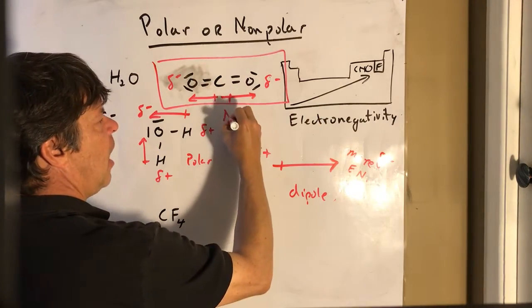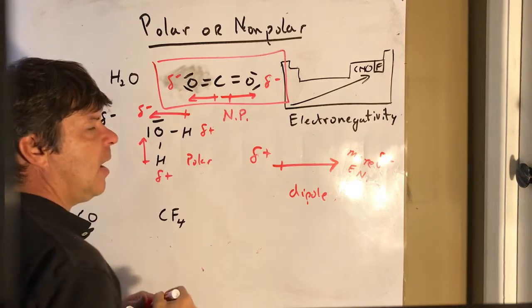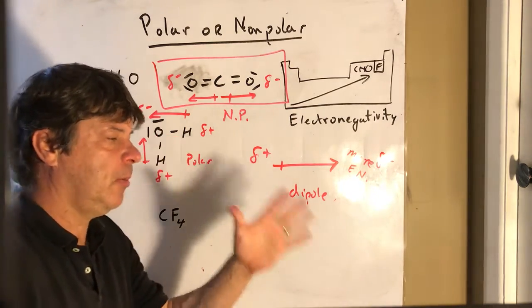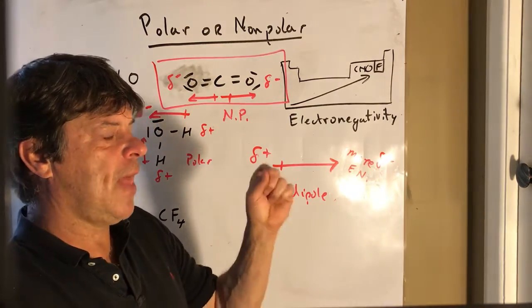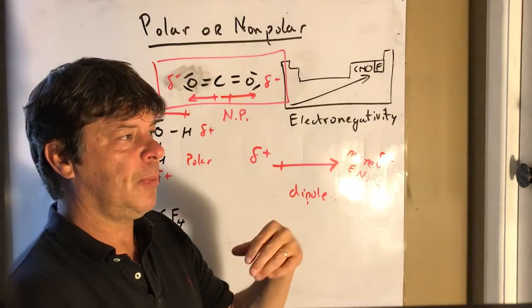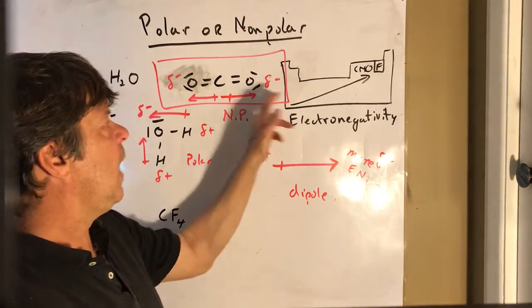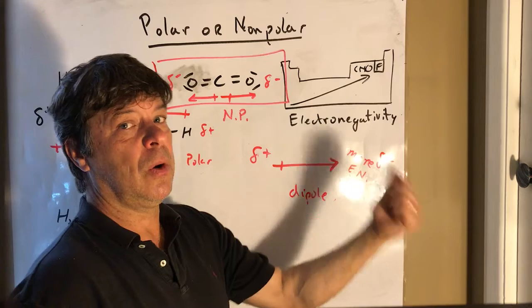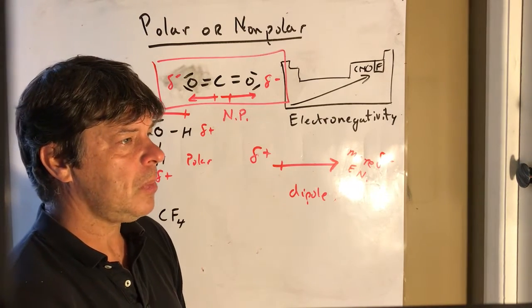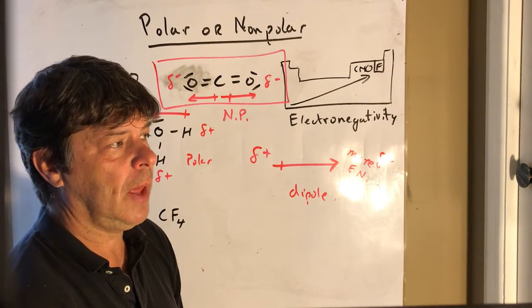is it's nonpolar because, and this is important, it doesn't have something on the outside that's positive and something on the outside that's negative. It only has things on the outside that are negative. Makes it nonpolar, okay?